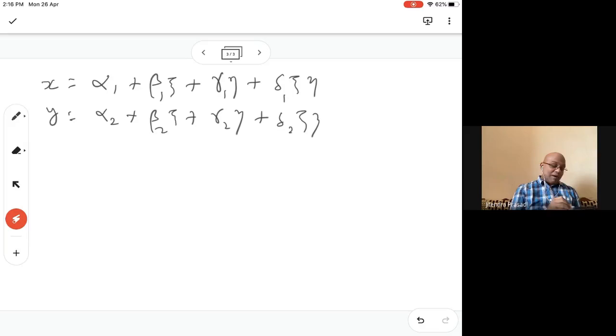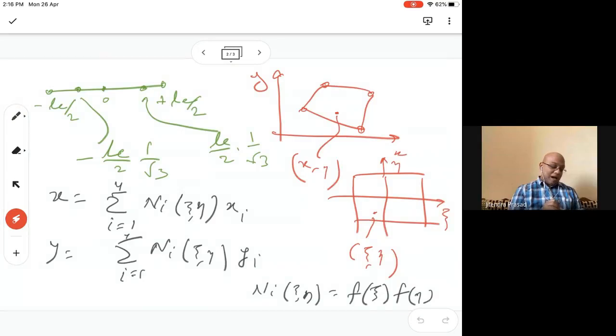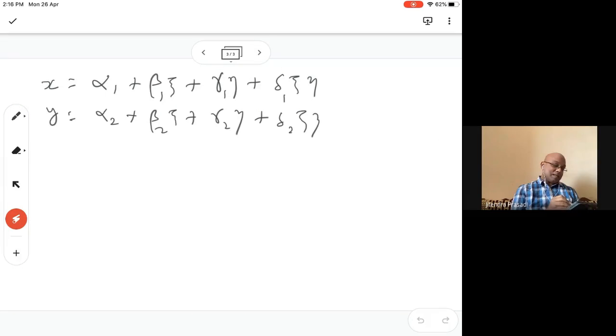So x depends on xi and eta with a constant term, xi term, eta term, and xi times eta term. Why? Because Ni has either a constant term, xi term, eta term, or xi eta term, so directly from this definition it is implied that x and y will be of this form.